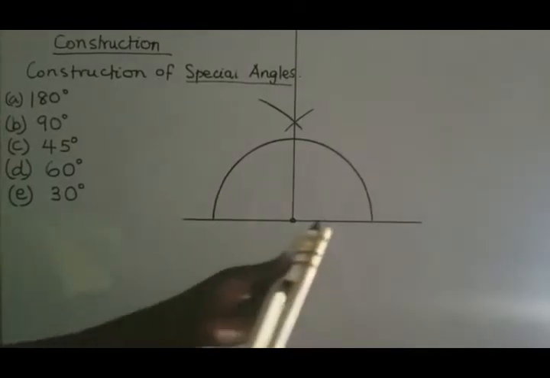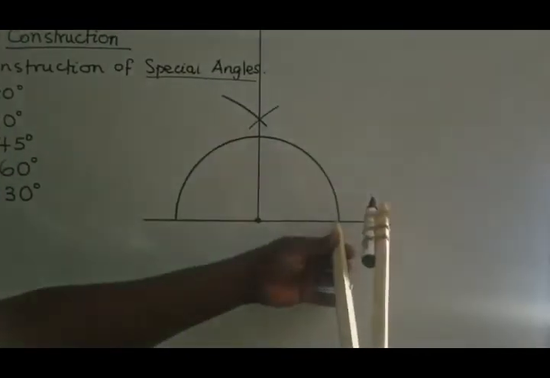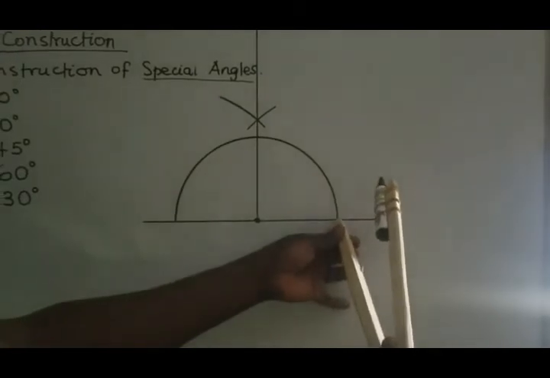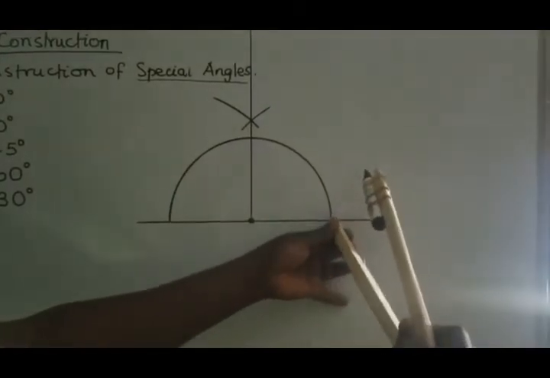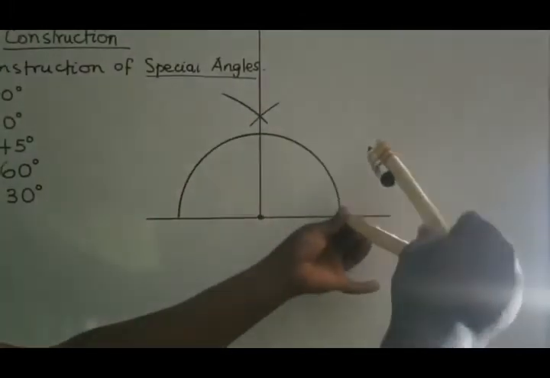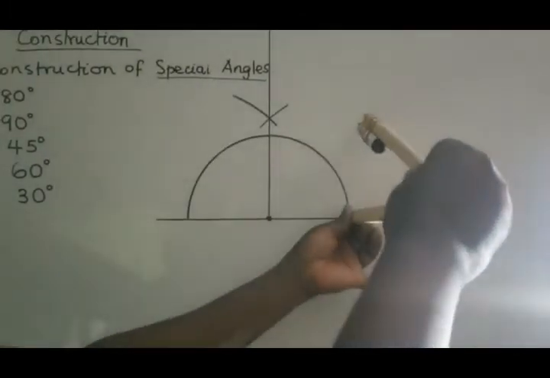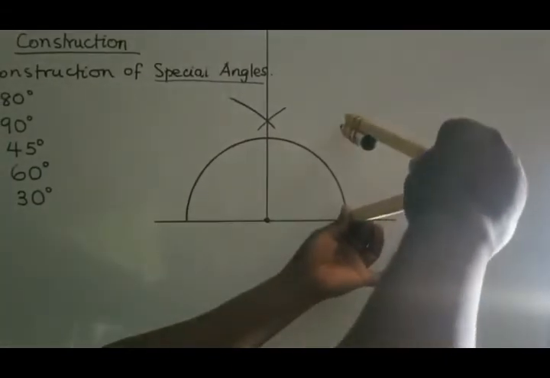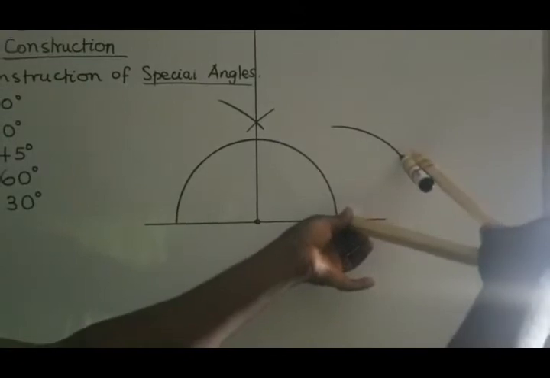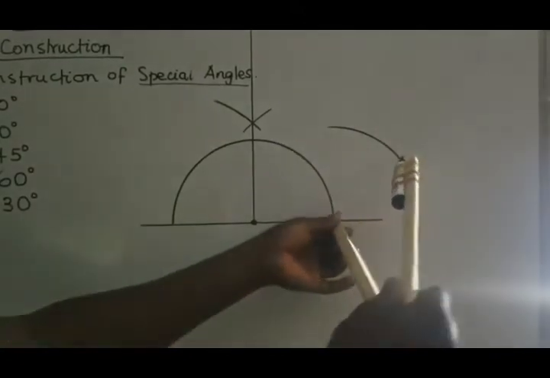So let's go there. The first point, look at it, put your pin hand there, okay, and draw an arc, right? Draw an arc. So open your compasses a bit, just use any convenient radius, not too large, not too small. Look at it, okay, and let's go to the other side.